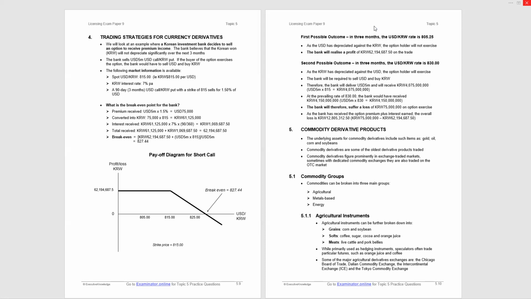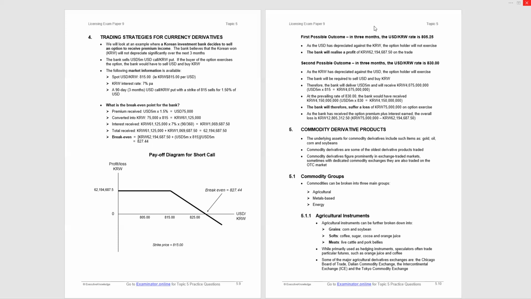That's the value of the premium it's receiving, plus the 5 million multiplied by the strike price of 815. So that's what it's going to have to settle, divided by the US dollars 5 million. And that gives the break-even foreign currency rate of 827.44.